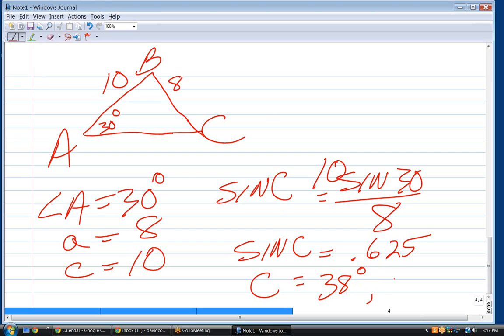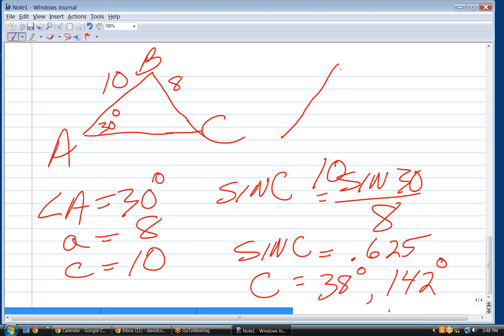So that would be 141. I'm rounding off everything, 142. Okay, so now the question is, is a 142 degree angle possible for angle C? Yeah. It is, because if we add it to 30, we're still less than 180.